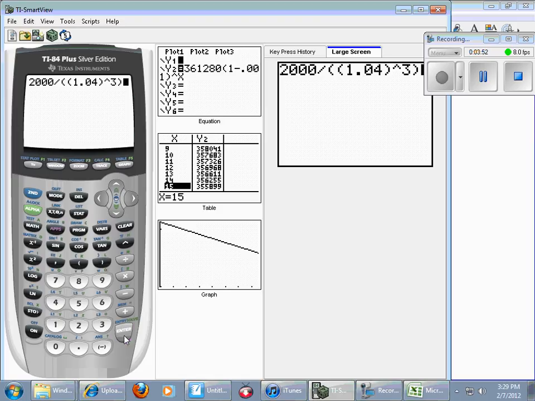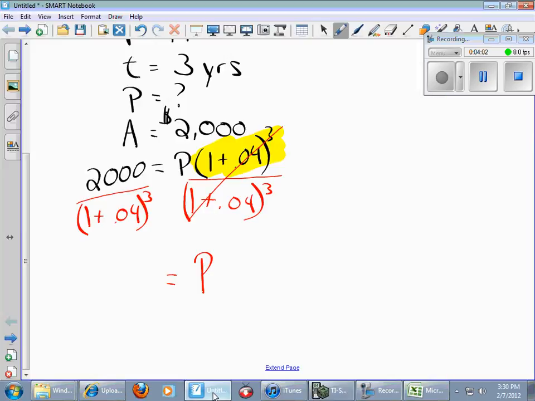When I do that, I'm going to have to invest $1,777.99. So that means P would be $1,777.99. I've invested that amount today at 4% interest.